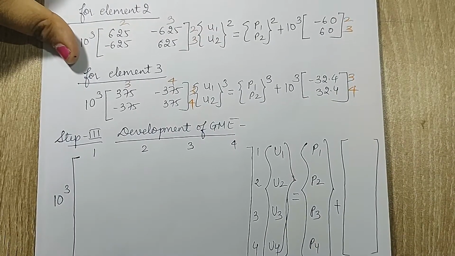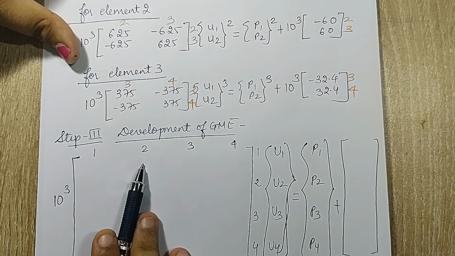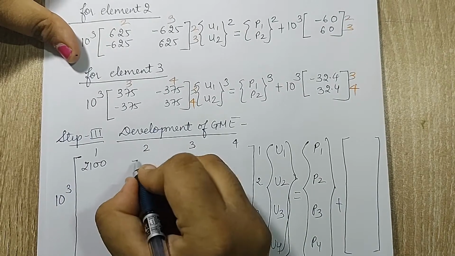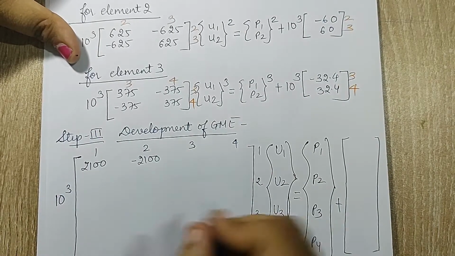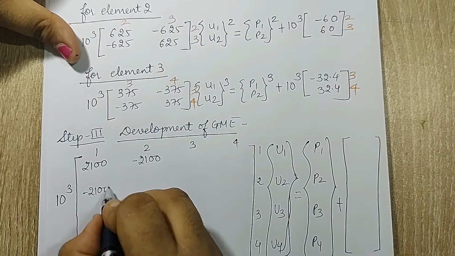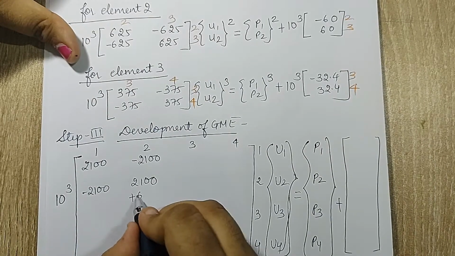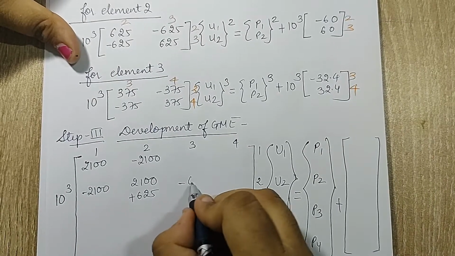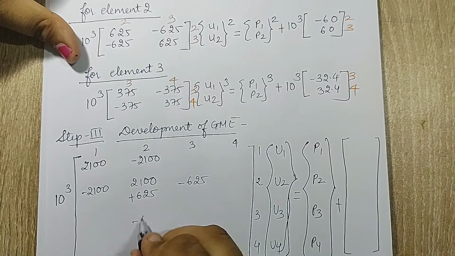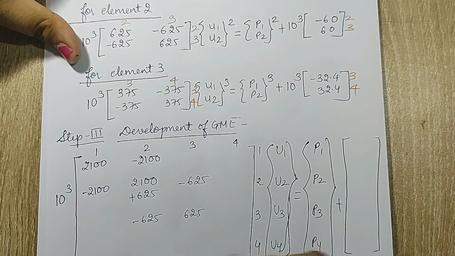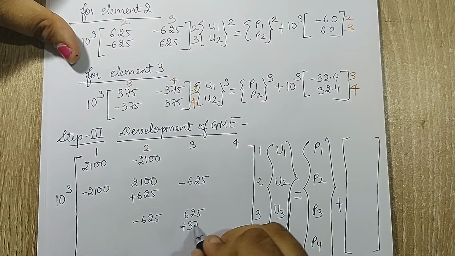Now first I'll fill up this one. Element 1 has values 2, 1, 0, 0 between node 1, 2. Element 2 has value 625. And for element 3 it is between 3, 4, that is 375.